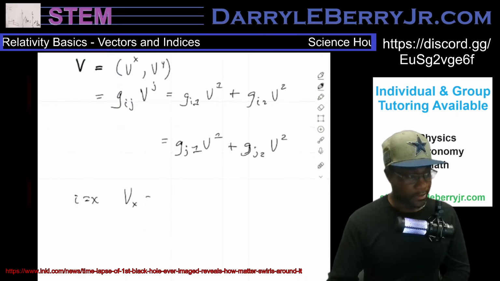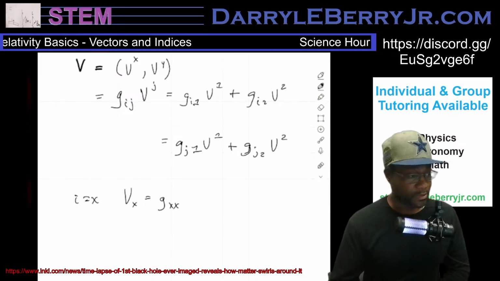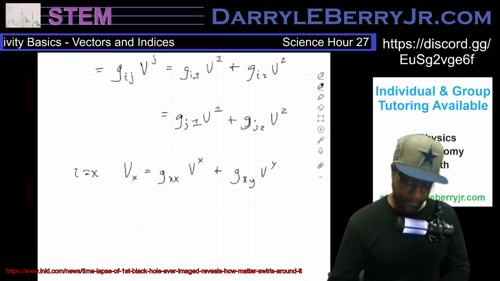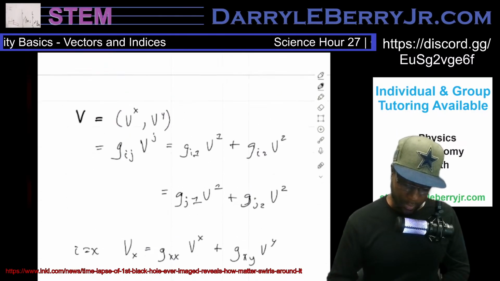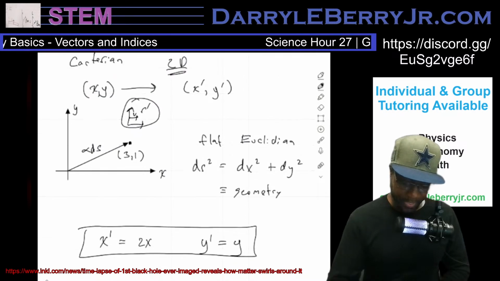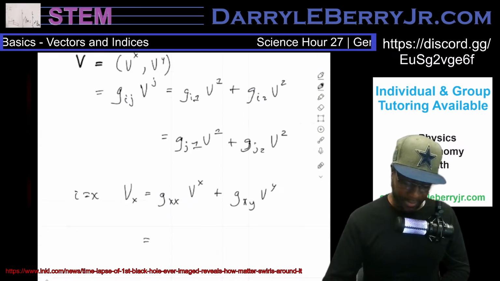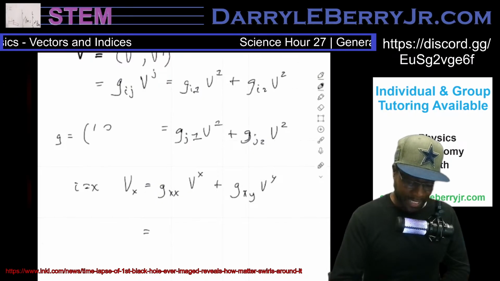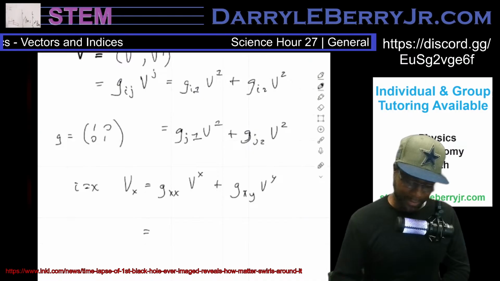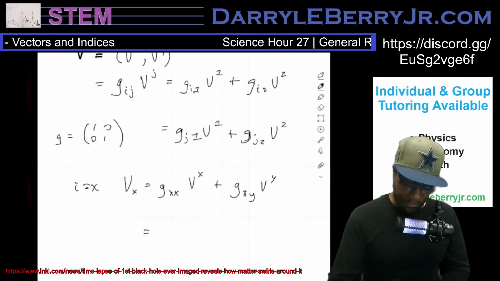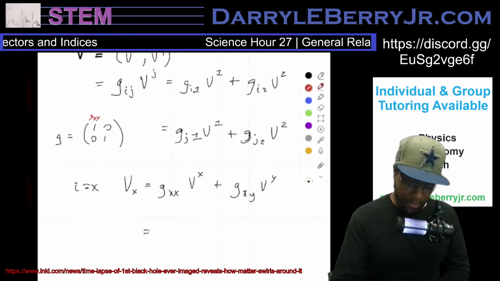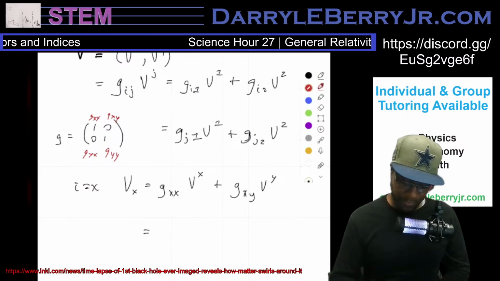So if I was to take these separately, let's say that i equals x. So we have Vx equals Gxx Vx plus Gxy Vy. And in our normal coordinate system, when we don't have any stretching or anything like that, the matrix is going to be just the identity matrix. It's going to be like this: Gxx, Gxy, Gyx, and Gyy.